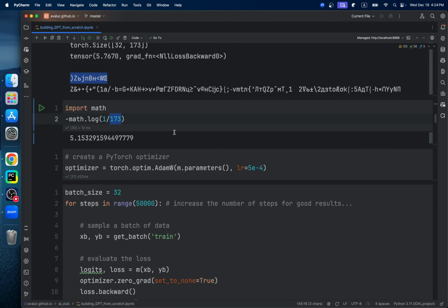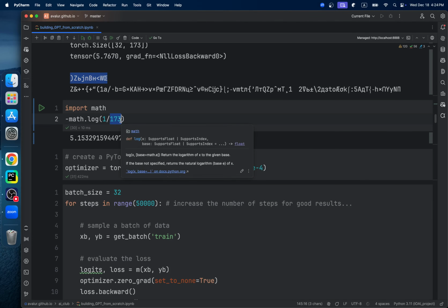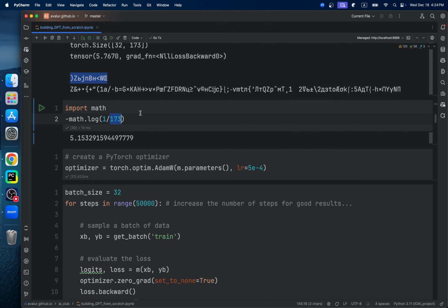And then the cross entropy for such a random model is very simple: it will be essentially the logarithm of the probability for each character. And the probability of each character is the same, 1 divided by 173. That's why the average loss for this random model will be minus the logarithm of this probability. And this is the number, 5.1 and so on. So this is the evaluation average loss for a very simple random model.